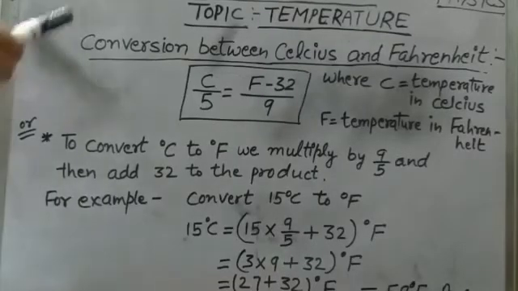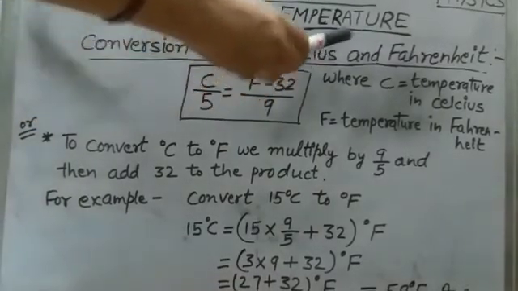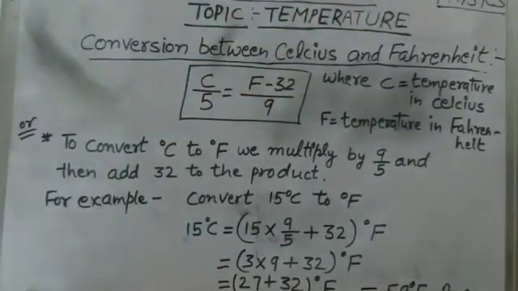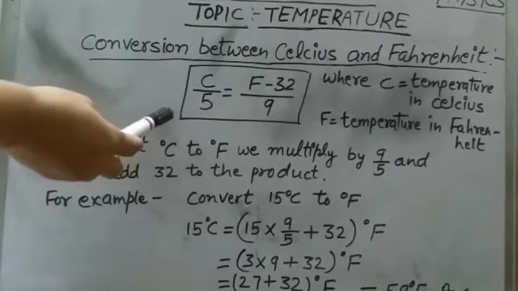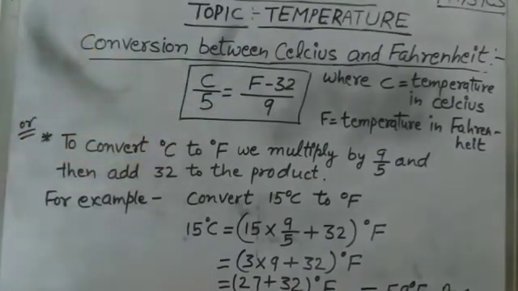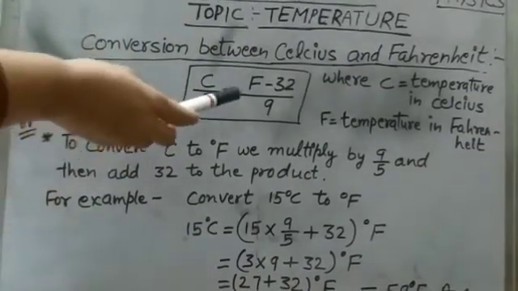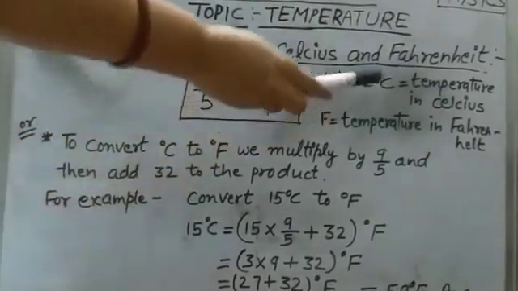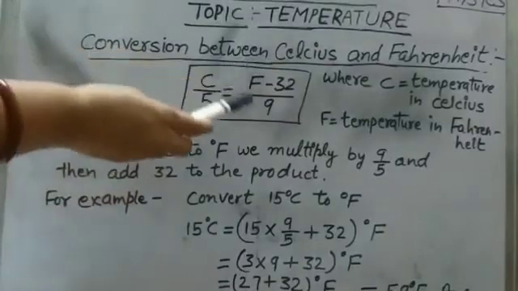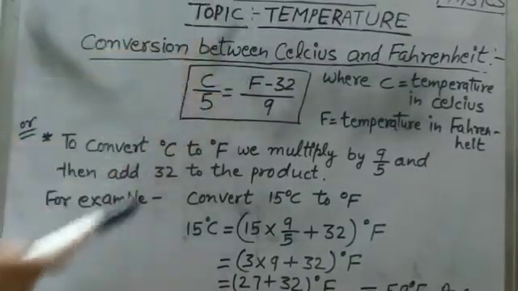Now, the conversion between Celsius and Fahrenheit. The relation used to convert temperature on the Celsius scale to Fahrenheit scale is C upon 5 is equal to F minus 32 upon 9, where C is the temperature in Celsius and F is the temperature in Fahrenheit.